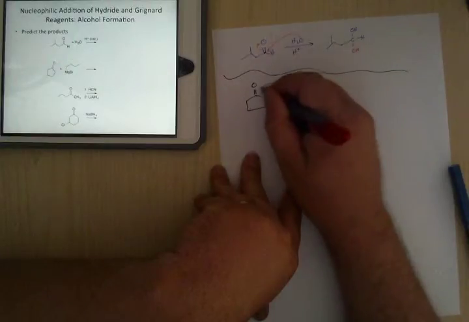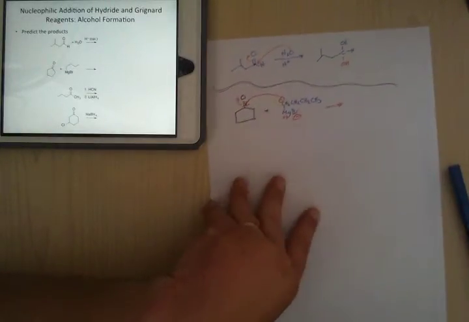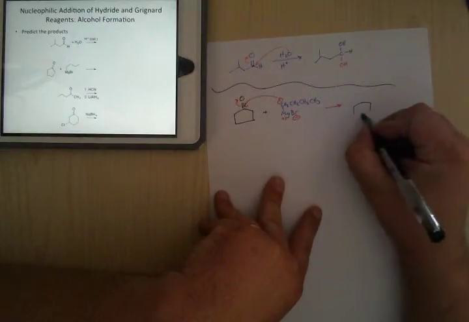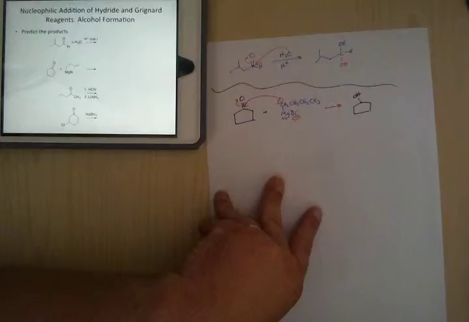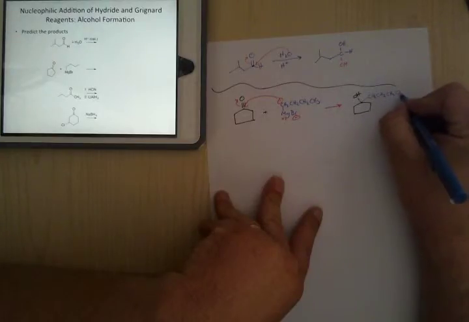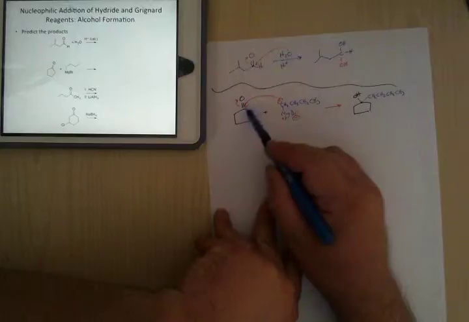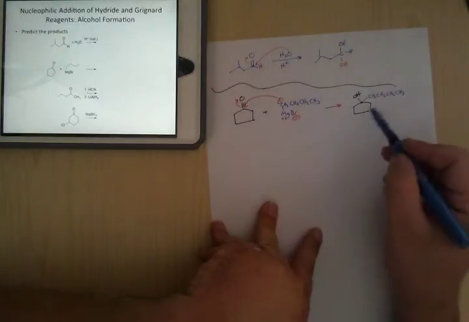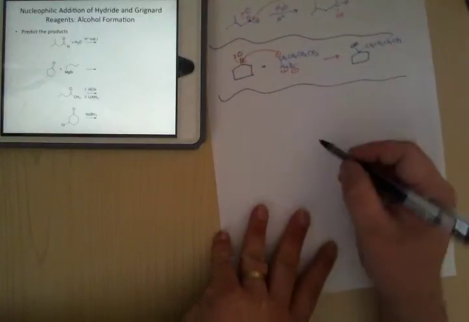So this is going to attack there, kick that up, so what you're going to end up with on that carbon is an OH plus what attacked it, CH2, CH2, CH2, CH3. That attacks there, kicks this away to end up with an alcohol. Notice the theme here.